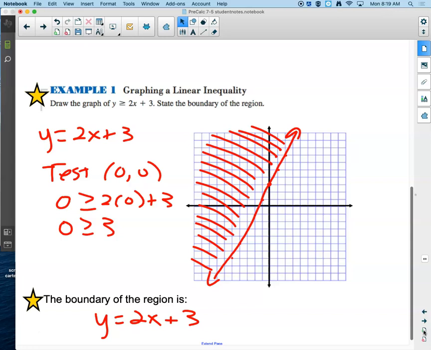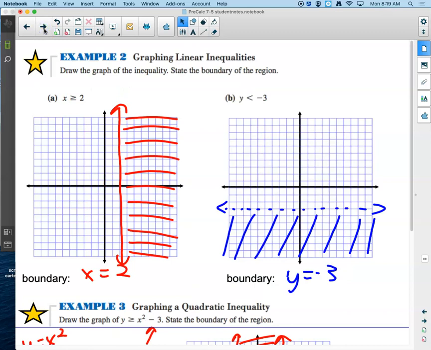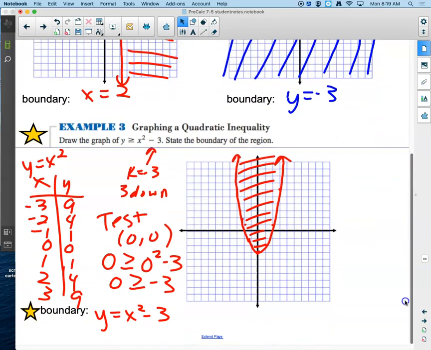So that's a shortcut if it's y equals mx plus b when you graph the original. But testing a point is a very, very safe way to go, especially when we go from graphing linear inequalities to graphing parabolic inequalities. Because then you're using those same skills of, hey, I'm going to test a point and see if this works or not.